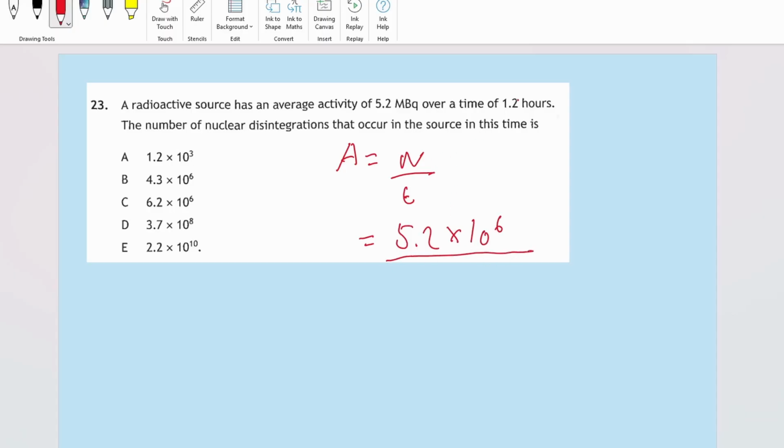And then this is the time, and time is always in seconds for this formula. So we do 1.2 hours times 60 minutes times 60 seconds. And that works out to be 1.2 times 10 to the 3 becquerels. And that gives answer A.